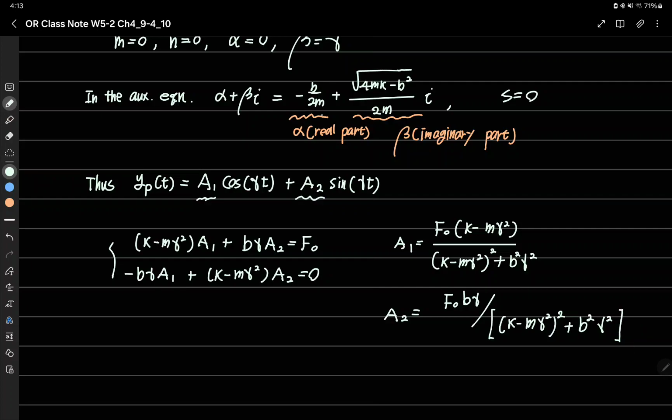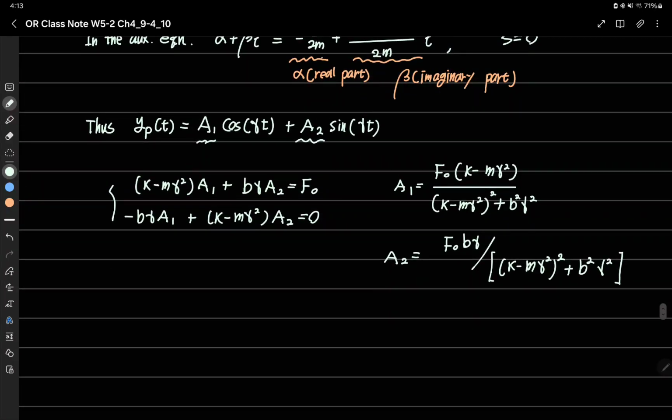Okay, so now we figured out yp. Let me just simplify yp, because it seems so complicated, so we need to factor out the common factors and simplify.